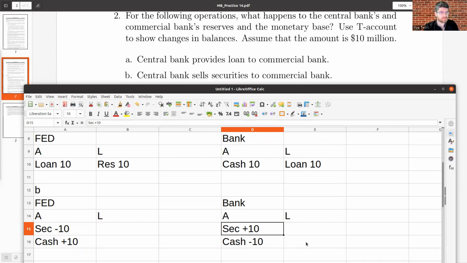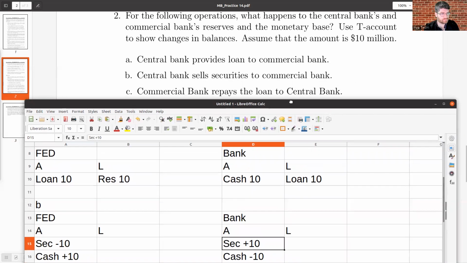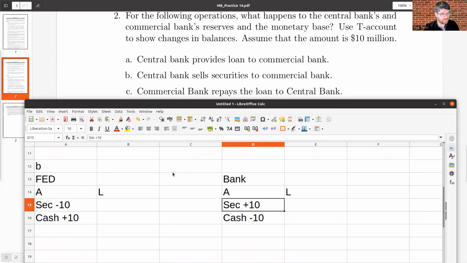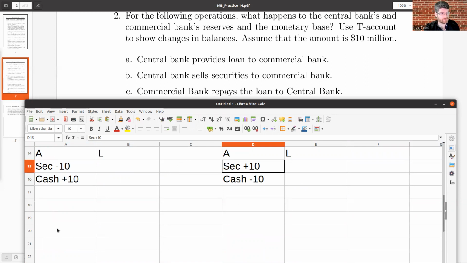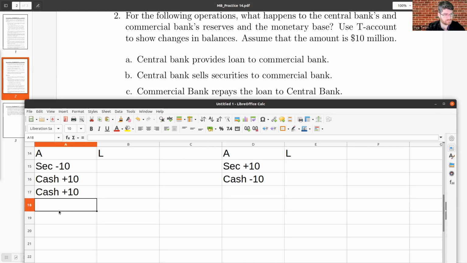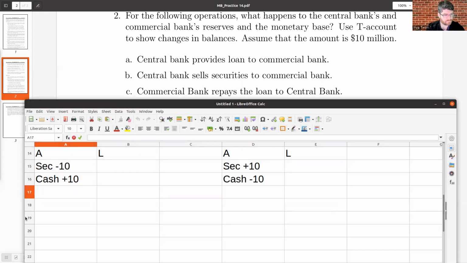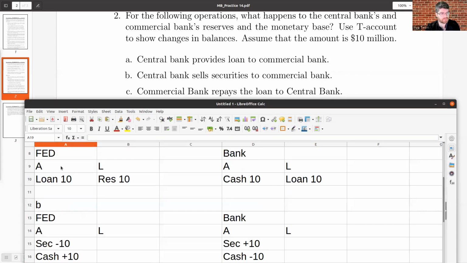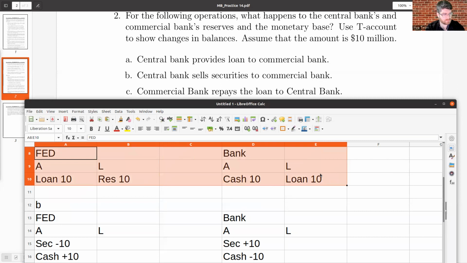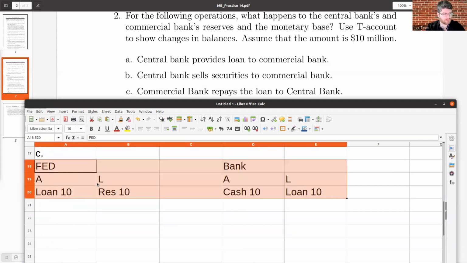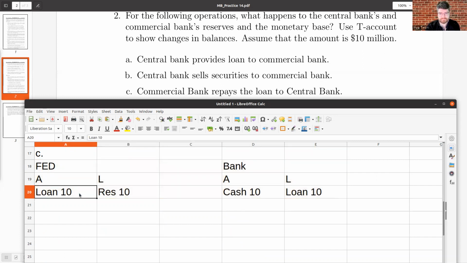All right, and number C. When a commercial bank repays the loan to the central bank. So we have to reverse the operation which was in A. How can we reverse? Now the central bank has provided a 10 million loan.